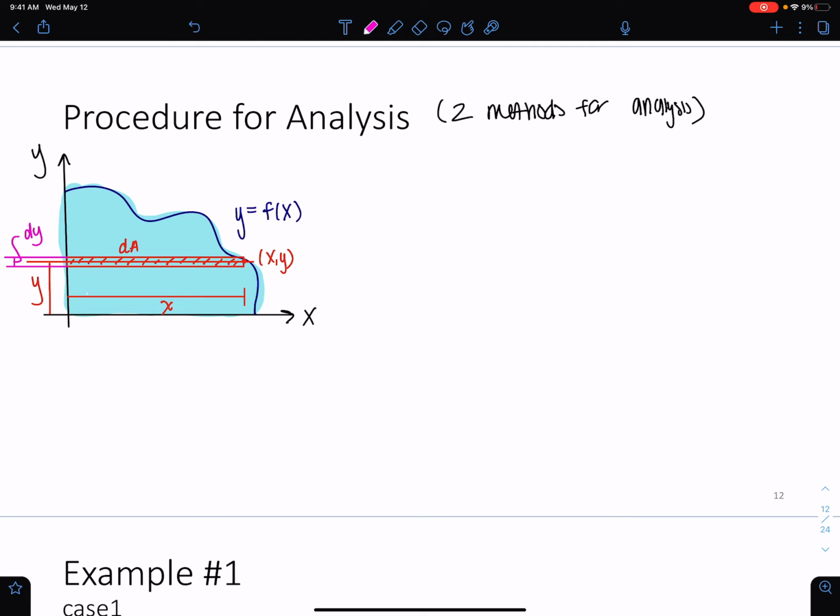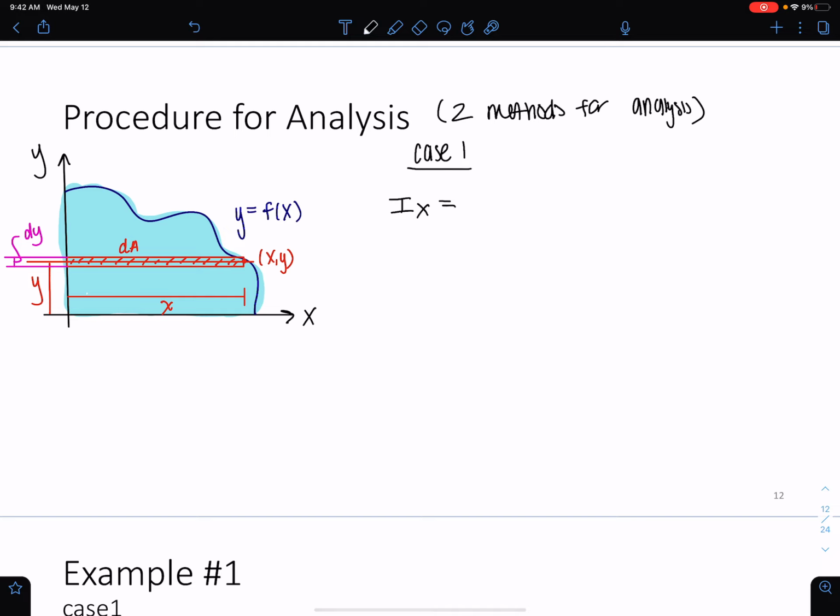So our case one here is that we orient the element so that it's parallel to the axis about which the moment of inertia is computed. So if we have Ix, we want to orient the element like this so that it's parallel to Ix. This solution occurs when the rectangular element, this red element, is used to determine Ix because it's parallel to Ix.